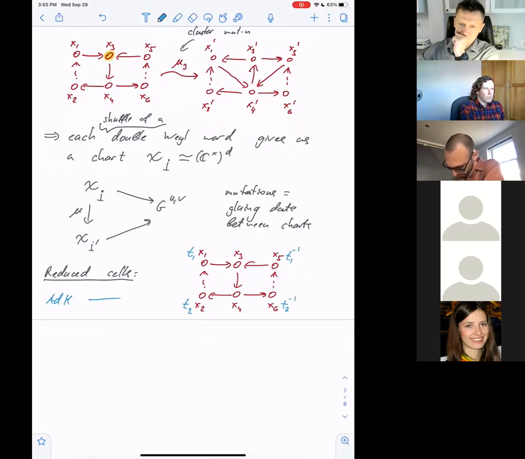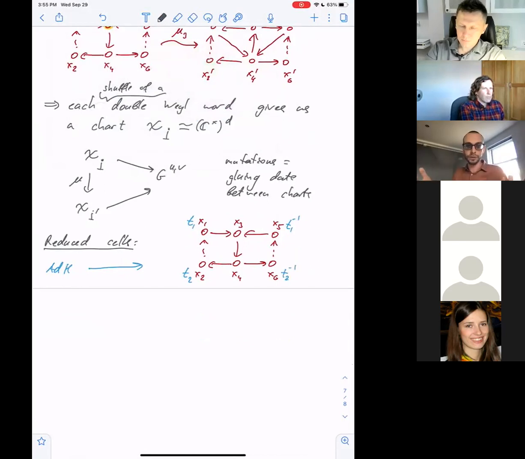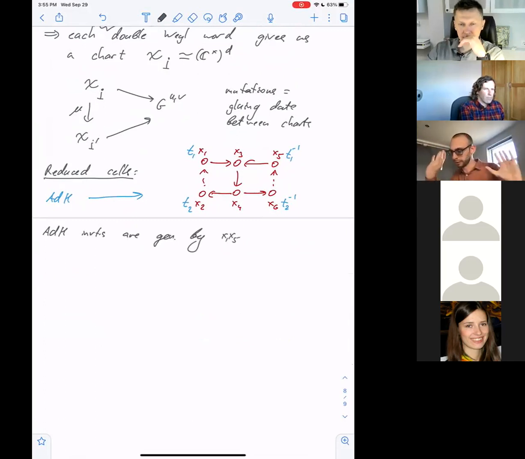Now, if I wanted to mod out by this joint action, I just need to take invariants, and the H-invariants are generated by x1x5, because I have to take the product to kill the T1, x2x6, x3, and x4, because T just doesn't act on those.